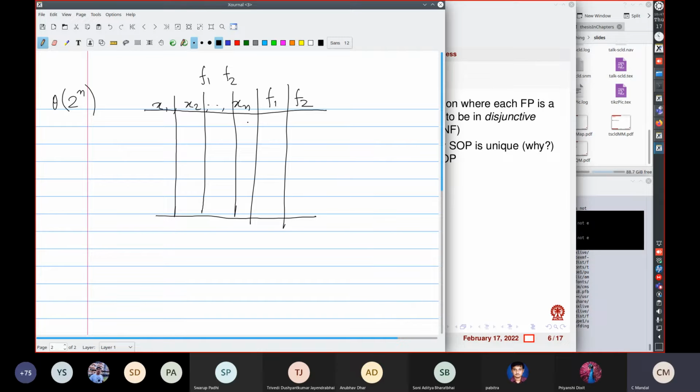One thing that you can do is express the function in disjunctive normal form. So how do you do that? Suppose you have x or yz. Is this a disjunctive normal form?